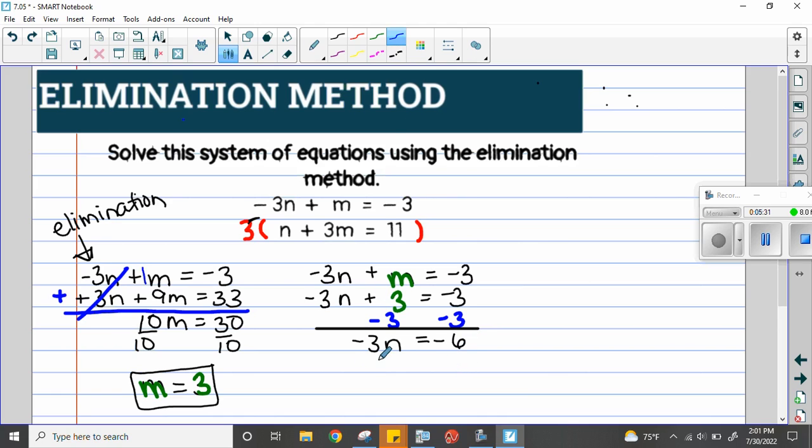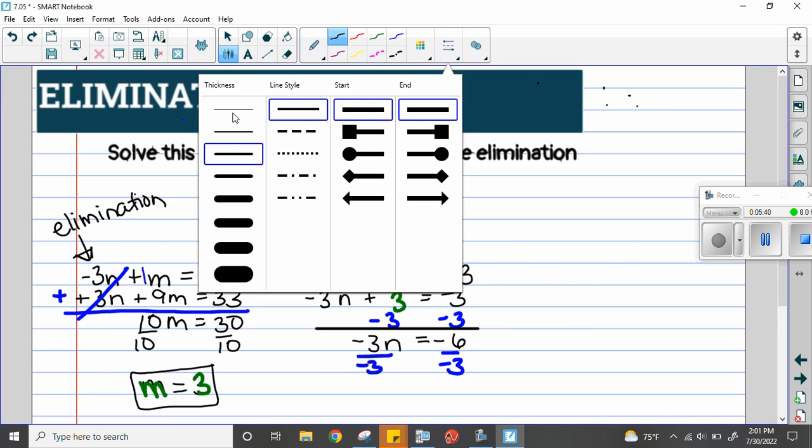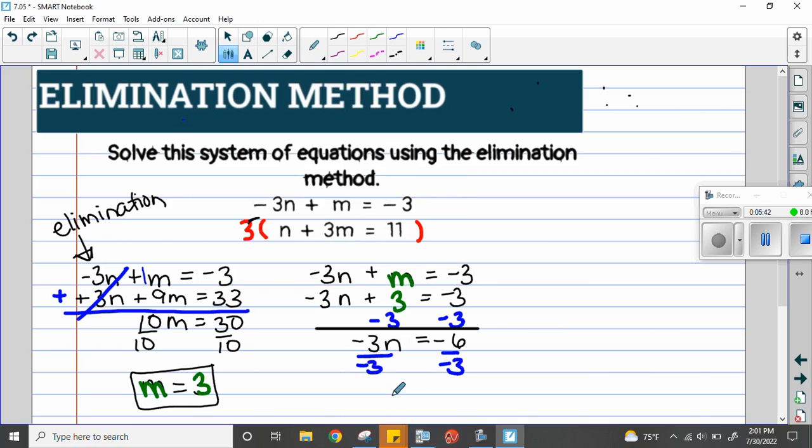Divide both sides by negative 3. And we get n equals negative 2. So we have just used elimination to help us solve for both variables of our solution.